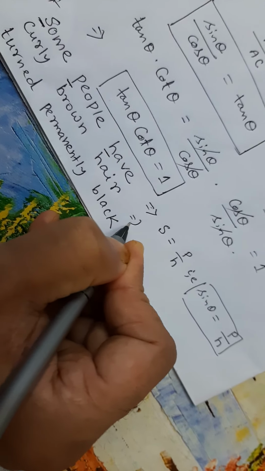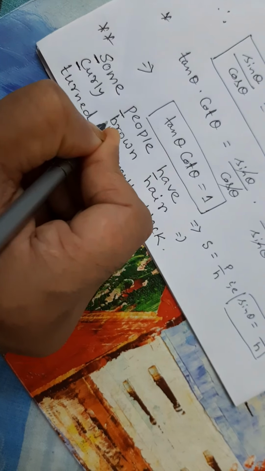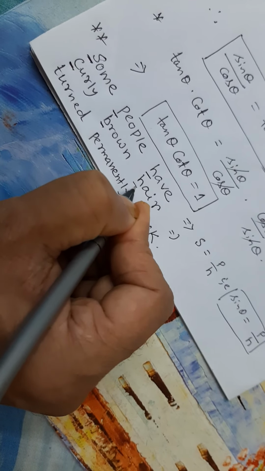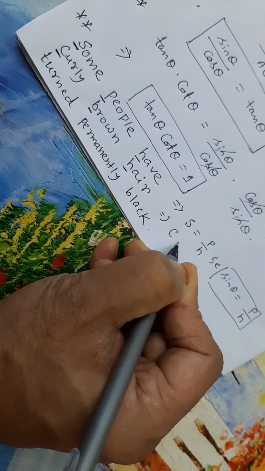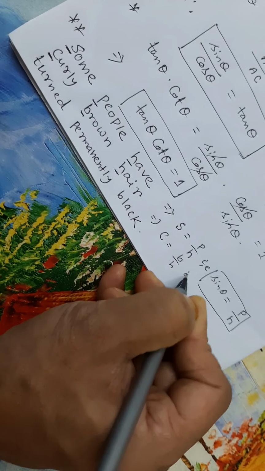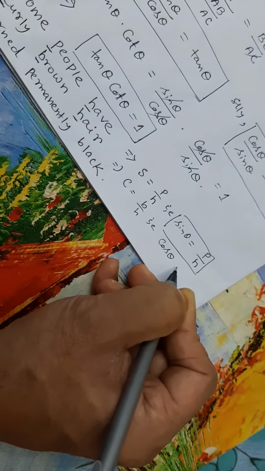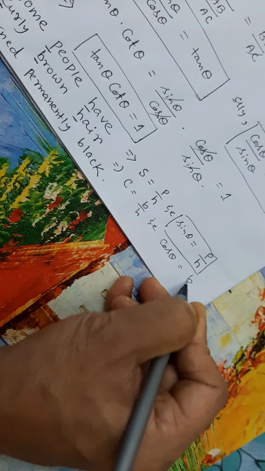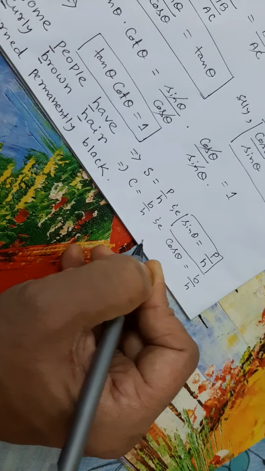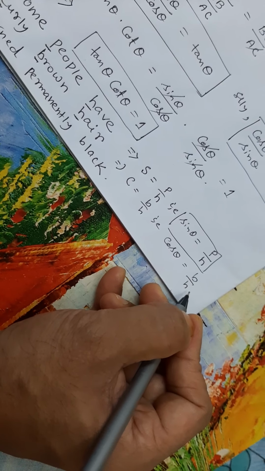Next one is, first letter is C for curly, brown first letter B and here H. So C equal to B by H. That is cos theta, C for cos theta equal to B by H. So B is base and H is hypotenuse.